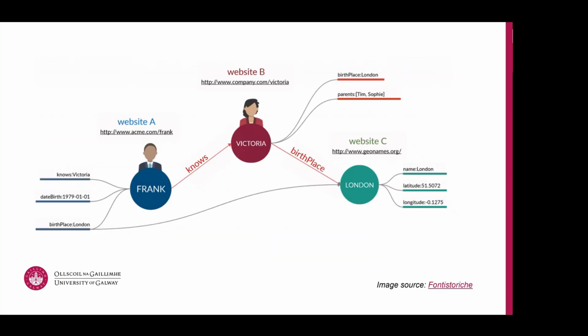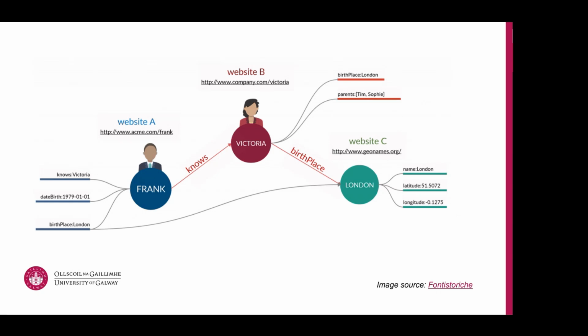To make the model a bit more complicated and see how it uses the idea of connecting different resources, different websites, we can have a look at this scheme. And here we have two persons that work in different organizations, and each organization has a page for their employees.